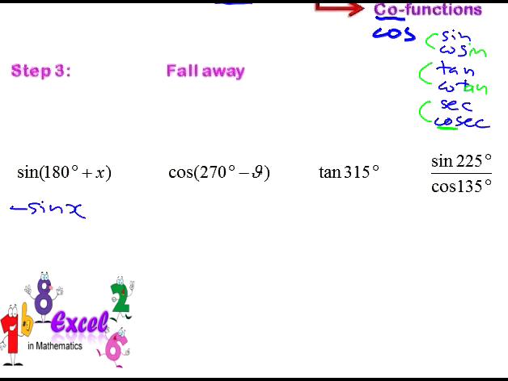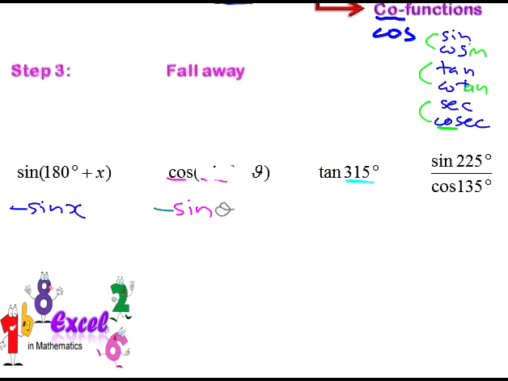And since we are working with cos, but it is in the third quadrant where tan is positive, we will also put a minus already. Then we are working with the 270 degrees, which is a vertical axis. So cos will change to sine. And then step 3 says that part falls away. So all that remains is theta. So that whole expression has been reduced to minus sine theta.